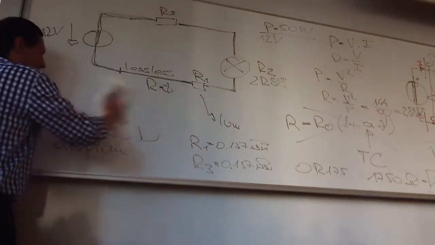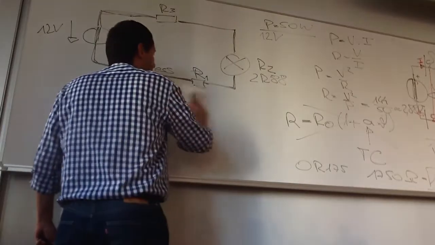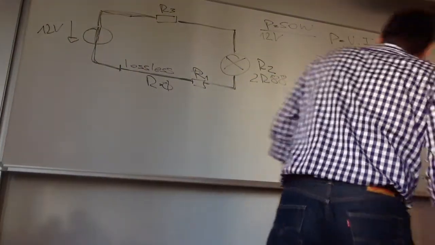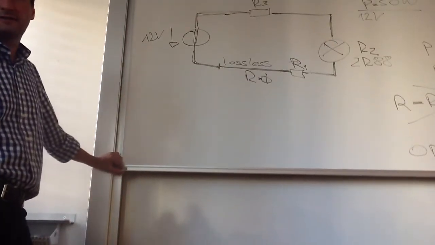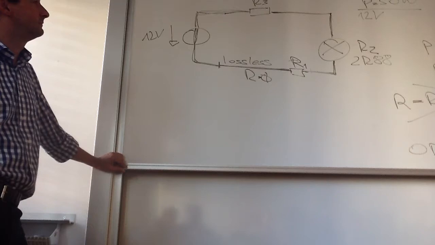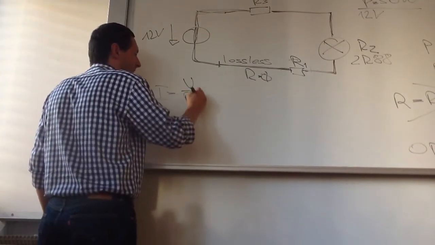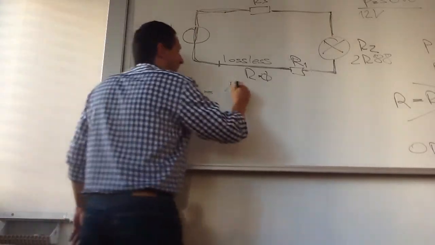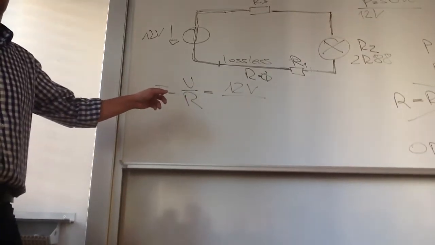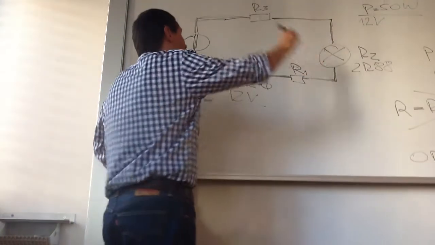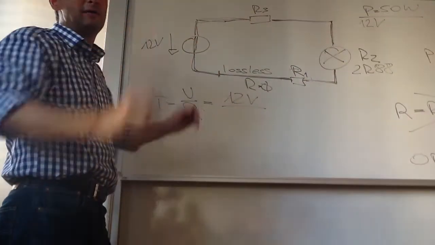I equals V over R. So we have the voltage 12 and the resistance. And what do we use for the resistance? The sum of the resistances. Since the current is flowing through all resistances, we have to sum up all the resistances.